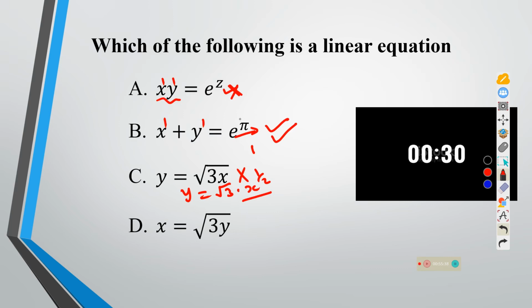If this one maybe is x plus y equal to e to power something like that, exponentials are also non-linear equations, so this one cannot be a linear equation. But since pi is a constant, e to power pi will give us a constant value, so this will be true. This cannot be right, this will also be not true, so it means B will be the answer.